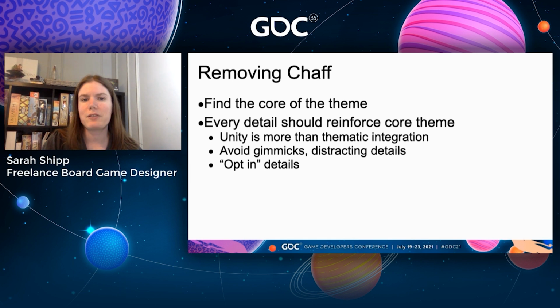I like to think of flavor text and certain other thematic details as opt-in details, meaning a player can choose to ignore these details if they want. Flavor text is usually in a small font at the bottom of a card. I have the choice to read it or not. Components, even card art, don't give me that option.